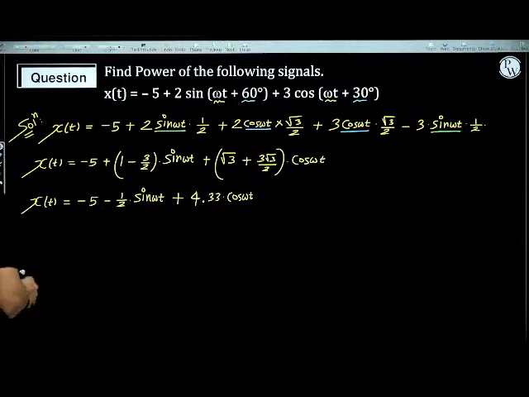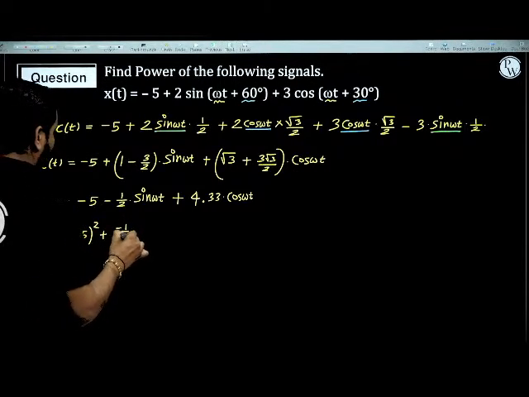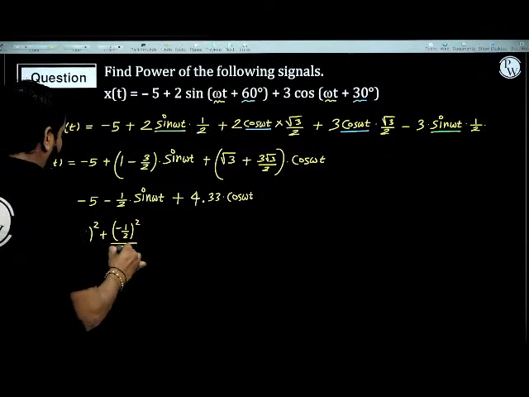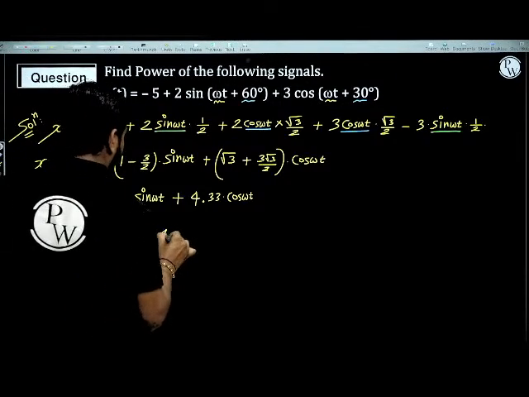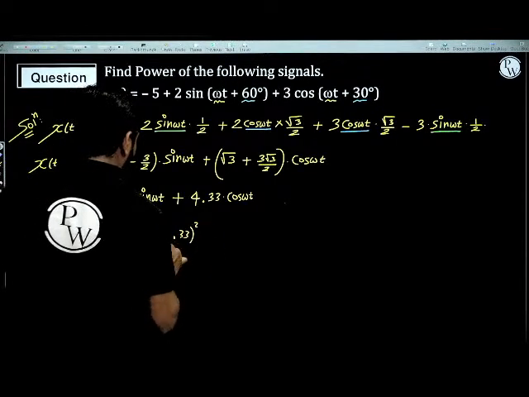Now you can add the individual signal powers to calculate the total power. So here the average power is given by peak value square for DC, peak value square divided by 2 for the sine, and peak value square divided by 2 for the cosine.